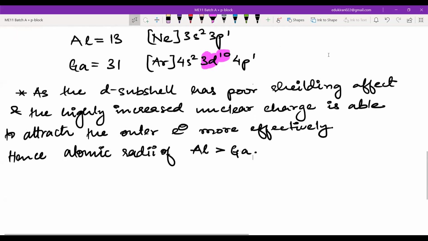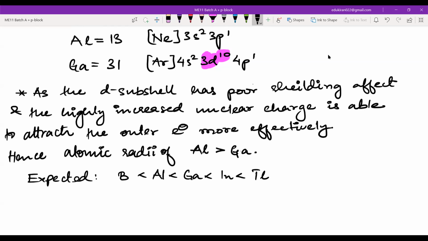Okay. So right here, the expected order of atomic and ionic radii was that boron should be the smallest, followed by aluminium, gallium, indium, and thallium.